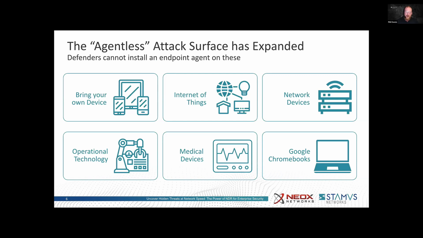Network devices have been a really big attack surface over the last 18 months to a couple of years, where we've seen many different routers, switches, firewalls getting impacted as the beachhead of an attack. We also have operational technology, medical devices.